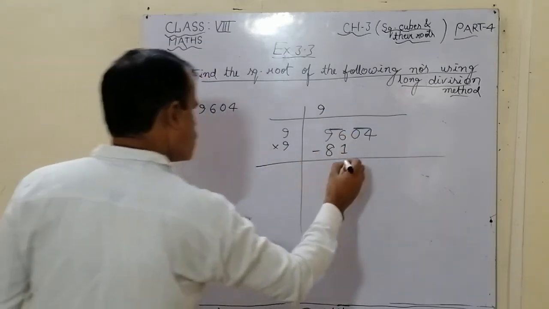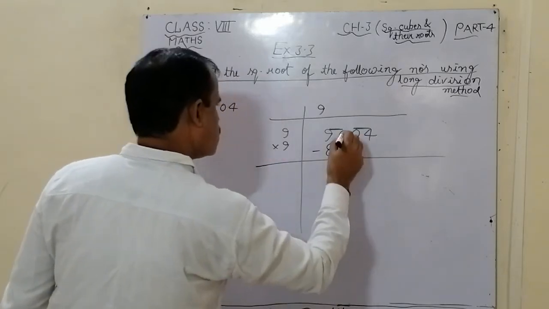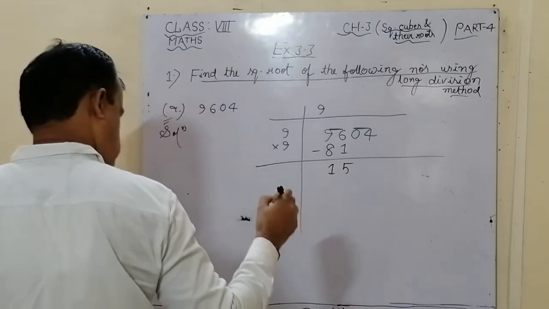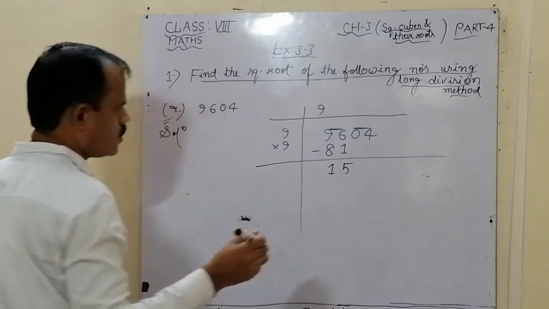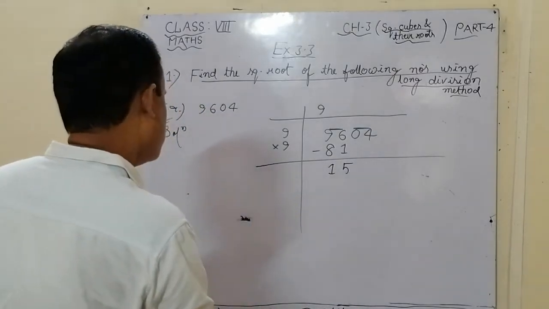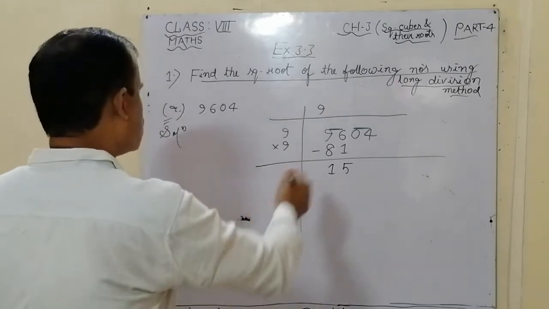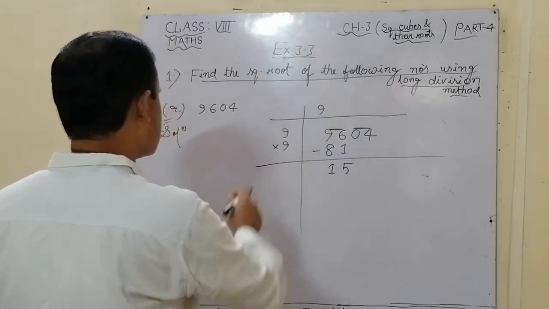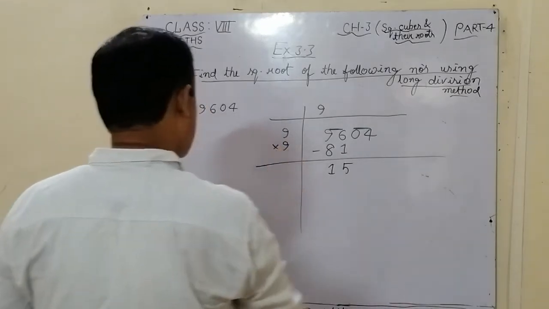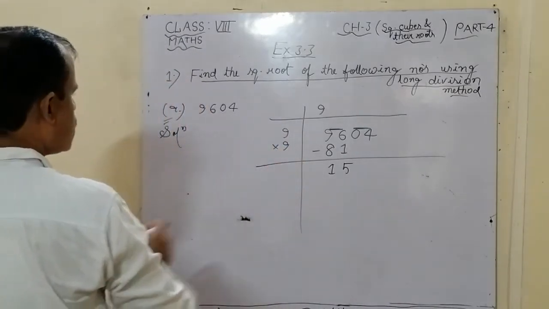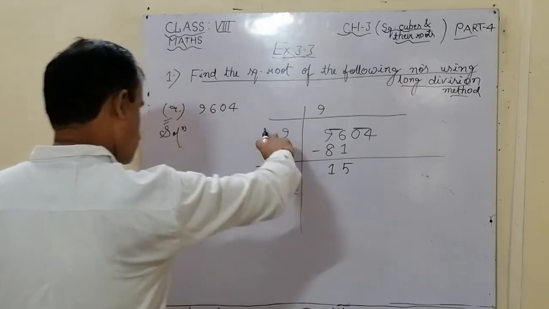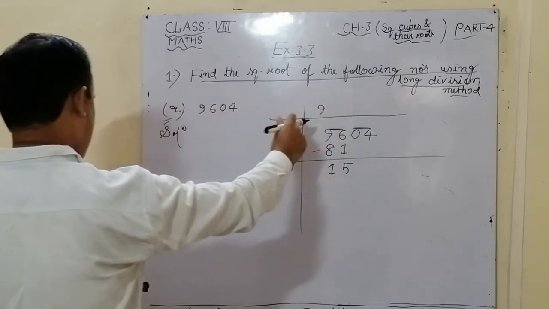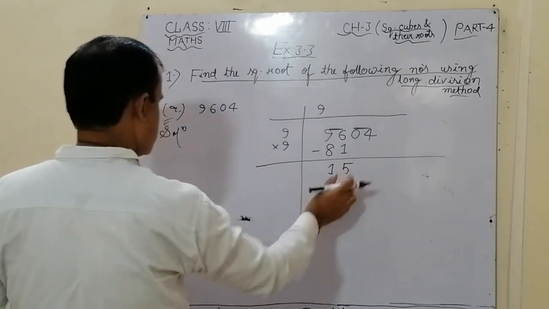When we subtract, 96 minus 81 is 15. Now see here, we have considered the first pair on the left, that is 96. Then we selected a divisor 9. The quotient is 9 and the remainder is 15.